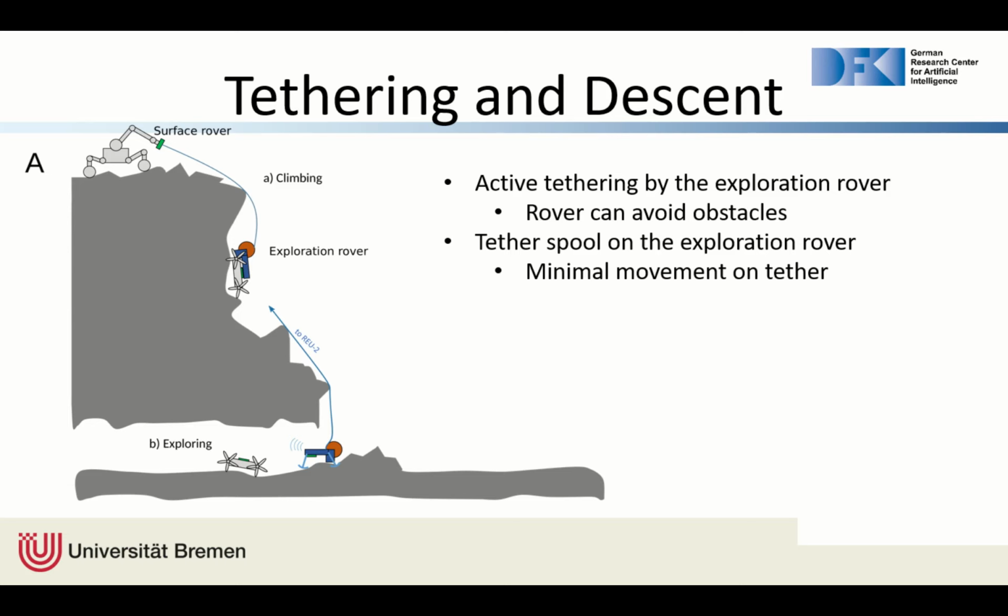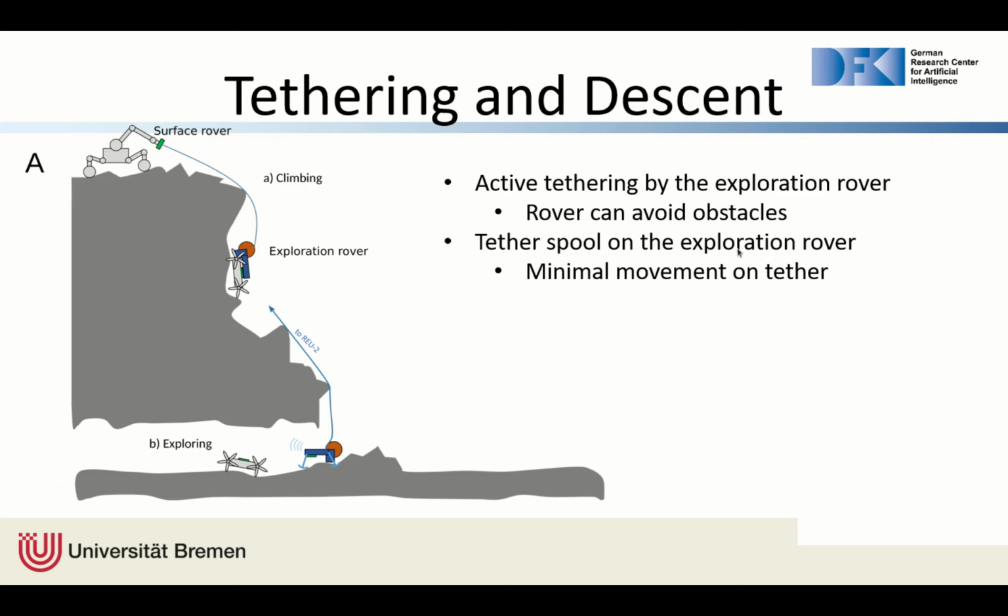The tethering will be an active tethering. That means while the rover is moving down, the wheels can be used to actively steer around obstacles or to overcome overhangs. So we are not always hanging on the tether itself, but the robot helps to have a safe traversal down to the crater bottom or pit bottom.